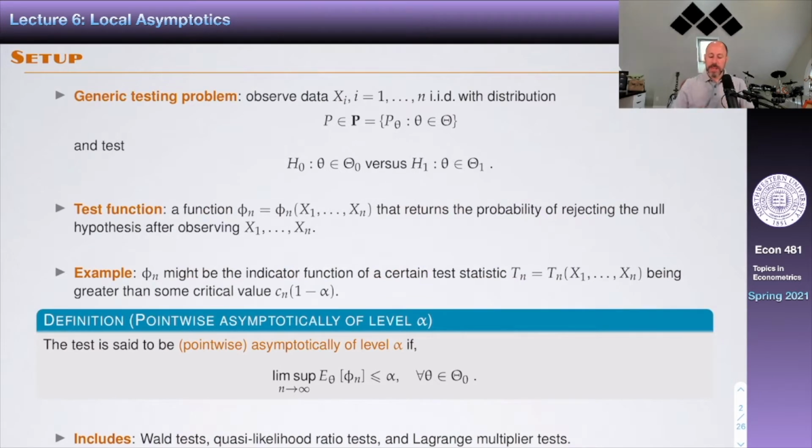All right. So the setup that we're going to discuss is going to be generic, and very quickly we're going to move to an example.